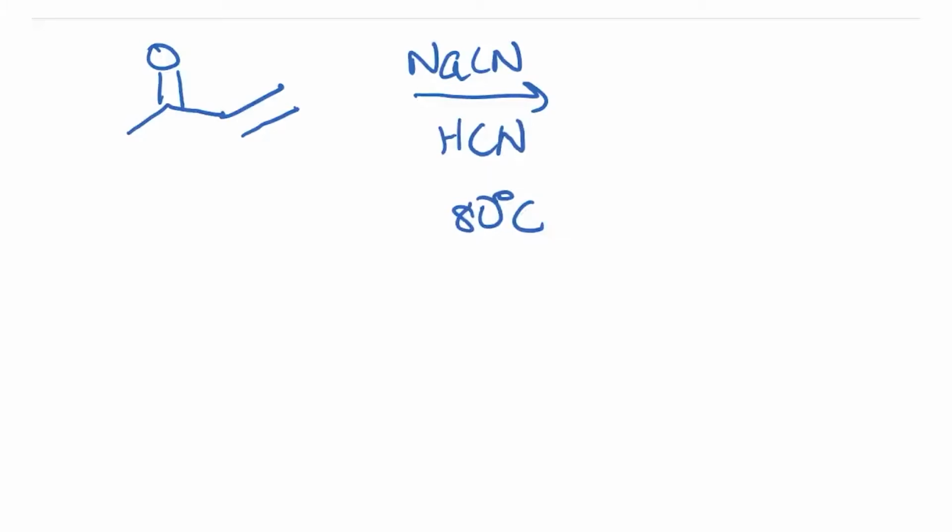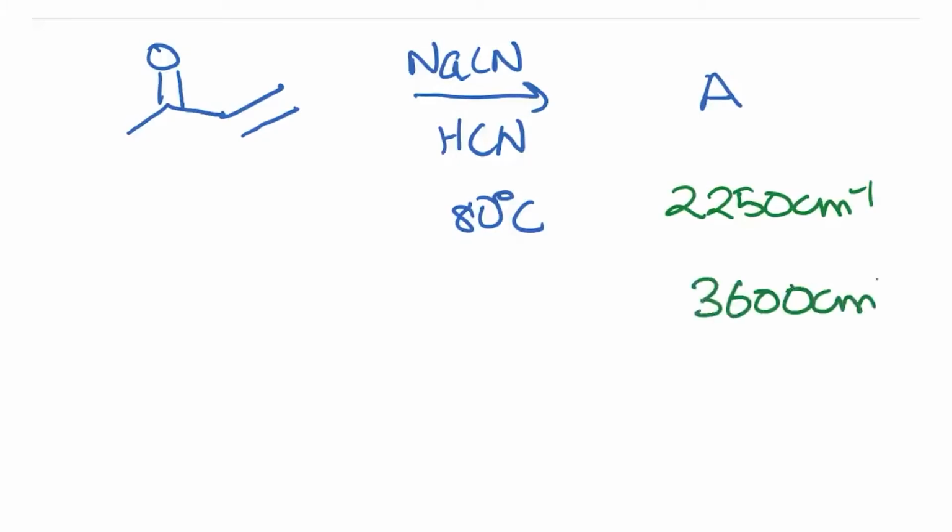Now I get this product A. This product has a signal at 2250 cm⁻¹, and it does not have a peak at 3600. This is absent. Instead it has a peak at 1715 cm⁻¹.